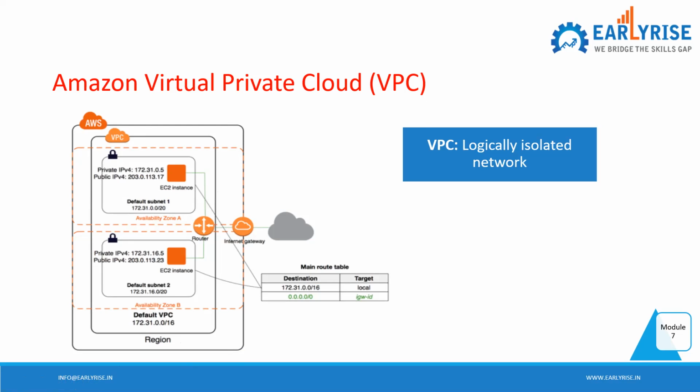No. By default, it's not communicating. There is no relation between your VPC and my VPC. All are logically isolated. My network is different. Your network is different. So this VPC is a kind of logically isolated network.